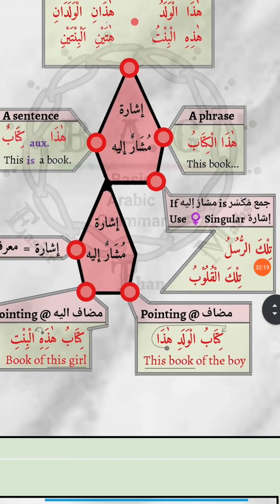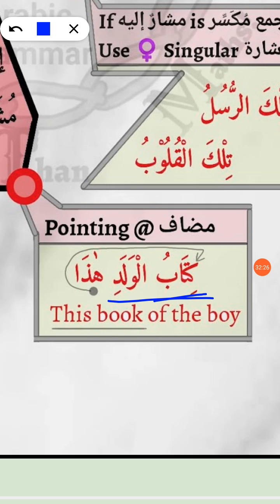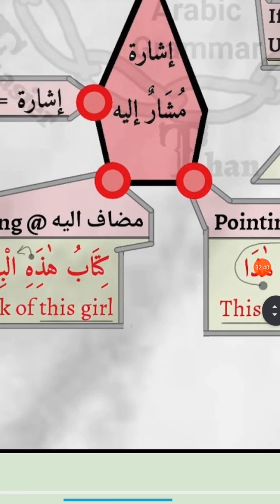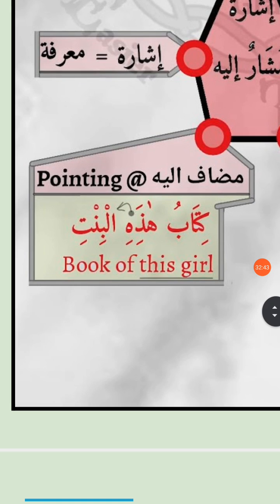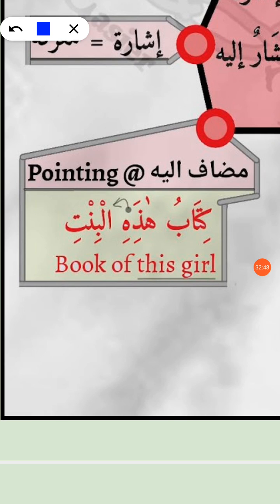Okay, now two situations. If we want to point towards Musaf, all right, so this is your Musaf, Musaf alayh fragment, Kitabul Waladi, the book of the boy. So if you want to point towards the Musaf, you place your pointing noun at the end, or rather after the Musaf alayh. Okay, and if you want to point towards Musaf alayh, you are going to place this pointing noun before the Musaf alayh.